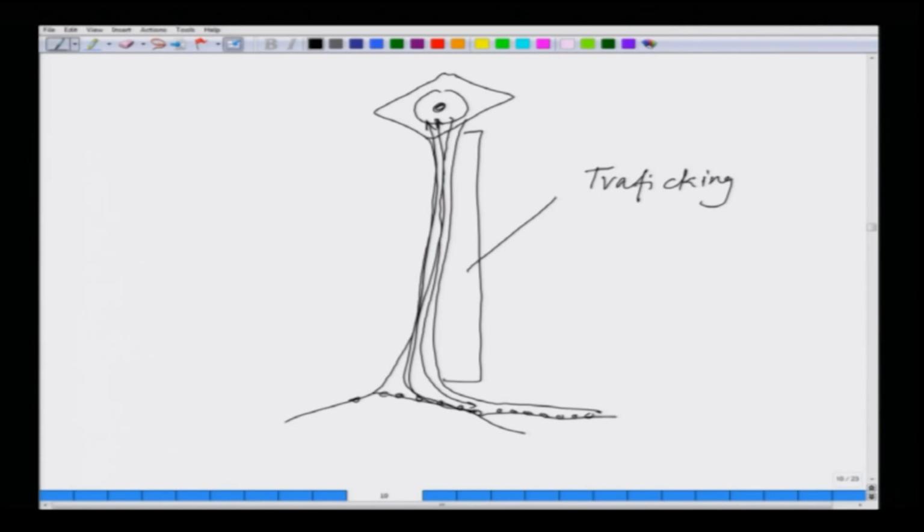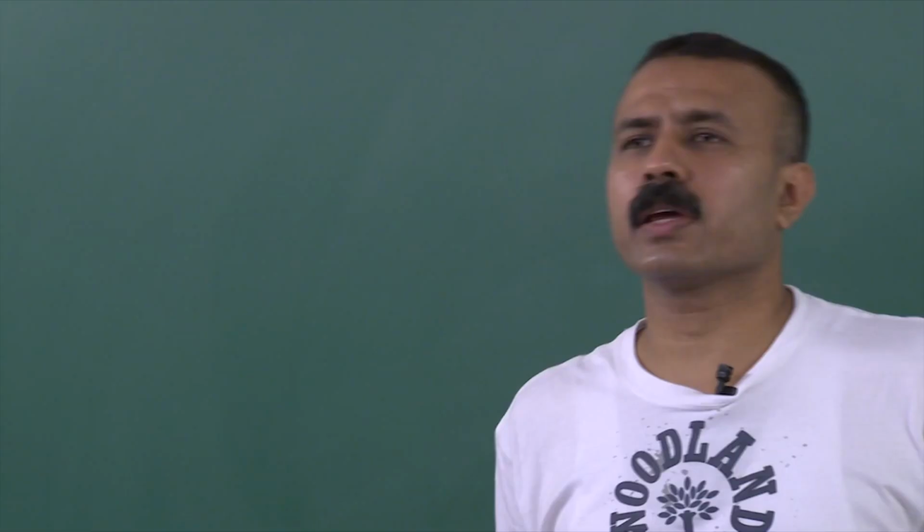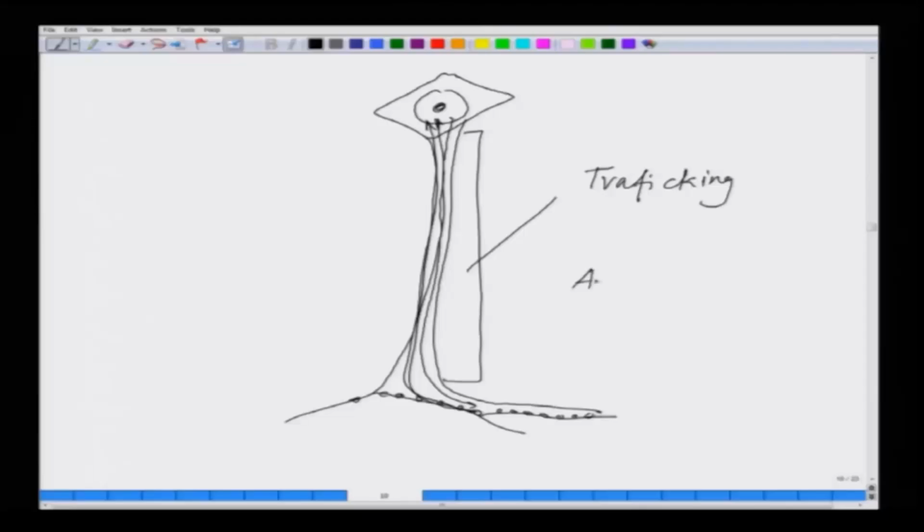Okay. So, this is a continuous trafficking process, and this is called anterograde and retrograde transport of vesicles.